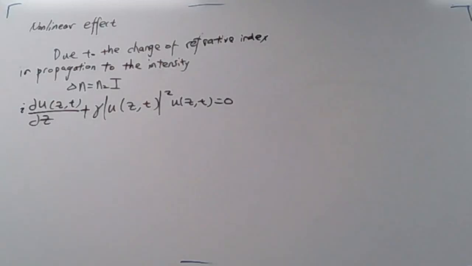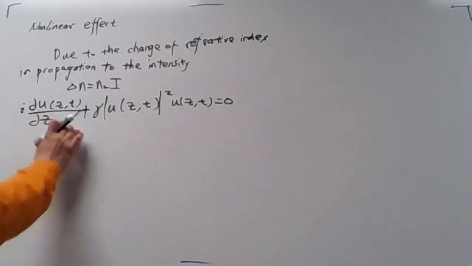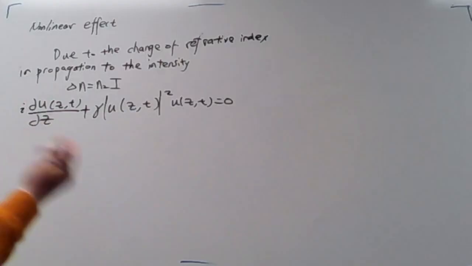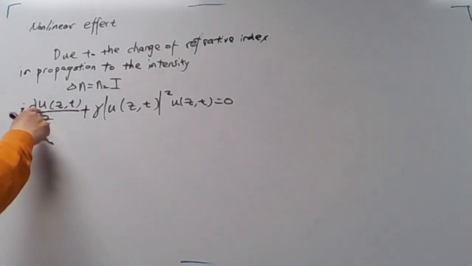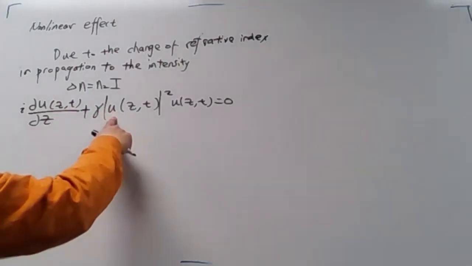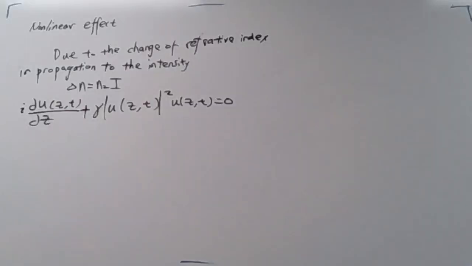I don't want to get into too much detail, but instead we will study how to solve this equation. This is the nonlinear equation. What is the u? U is still our pulse. Gamma is the nonlinear coefficient. Equal to 0. Okay, let's solve this equation.